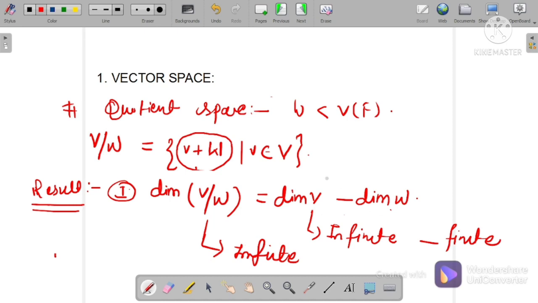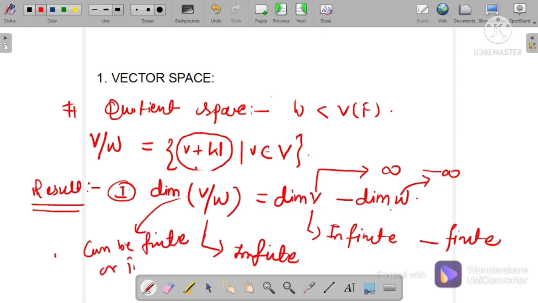Suppose the dimension of vector space V is infinite and the dimension of the subspace W is also infinite, then the dimension of V modulo W can be finite or infinite. This is all about quotient space.